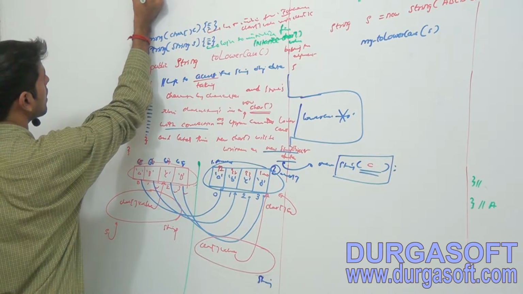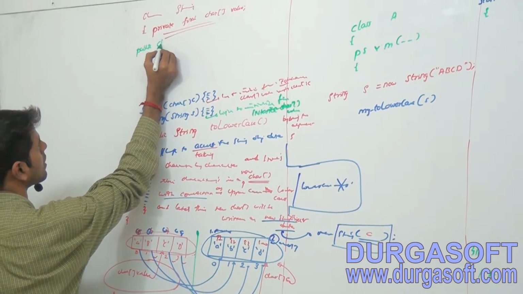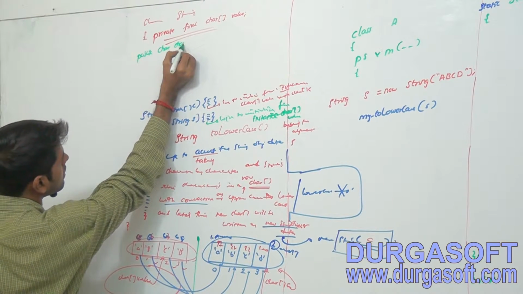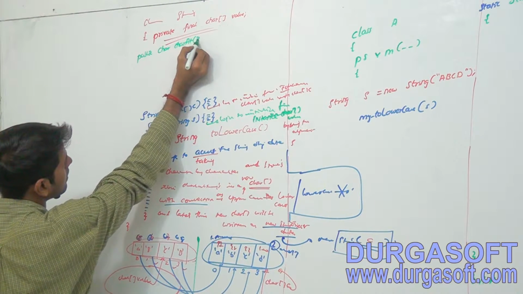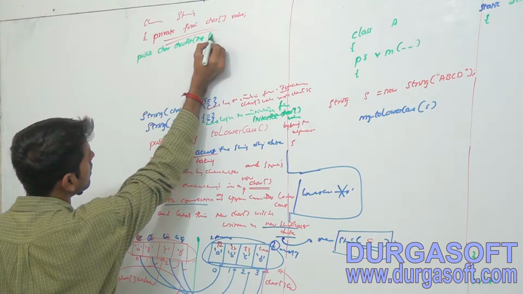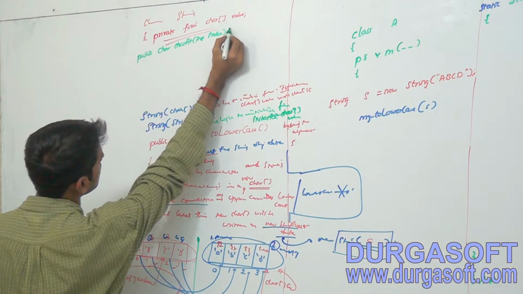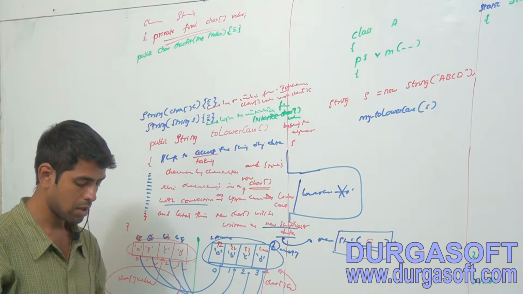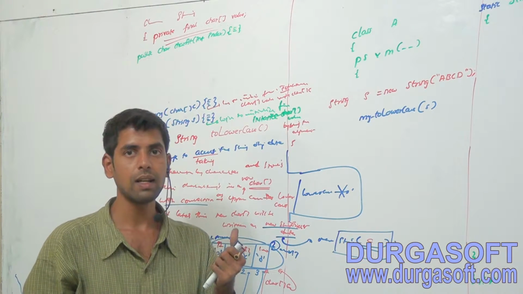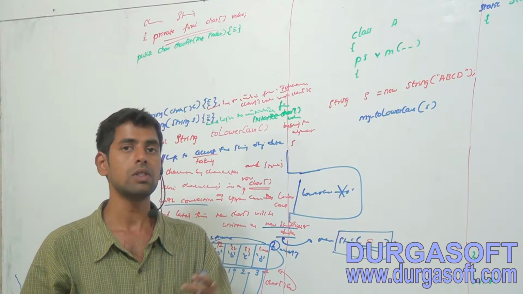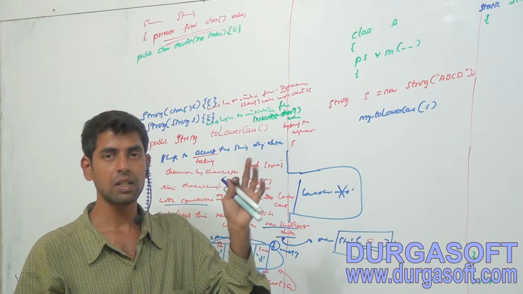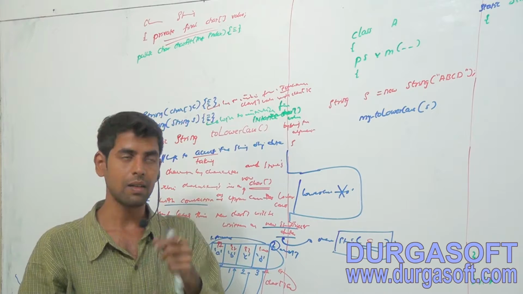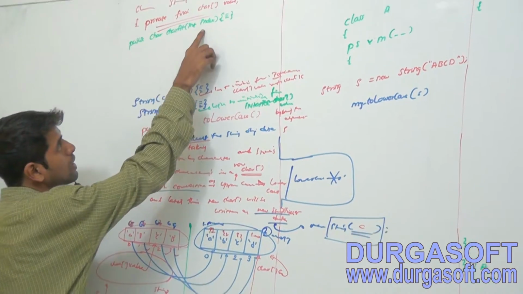Public, return type is char, that is the charAt method, int index. Observe this part. What is the logic within that method? It will return the character at the specified index.